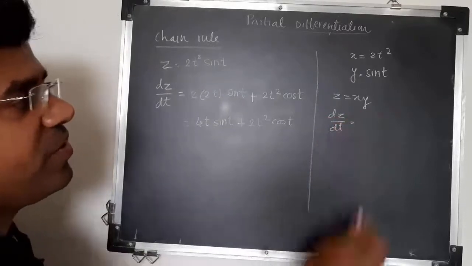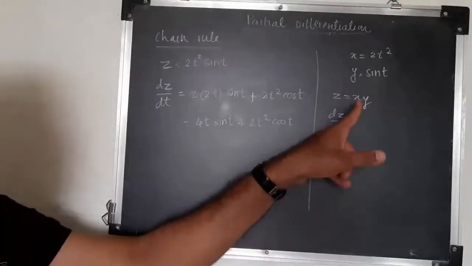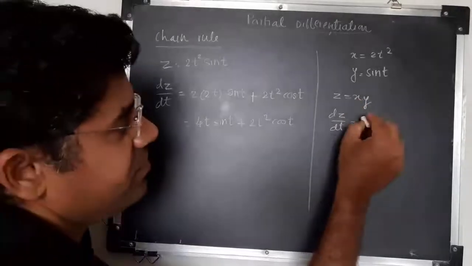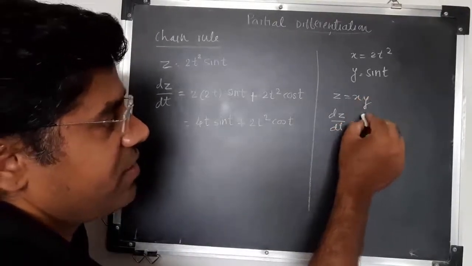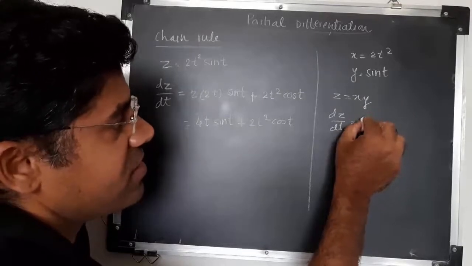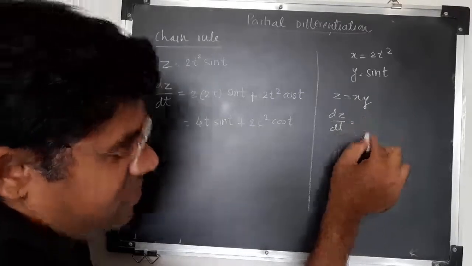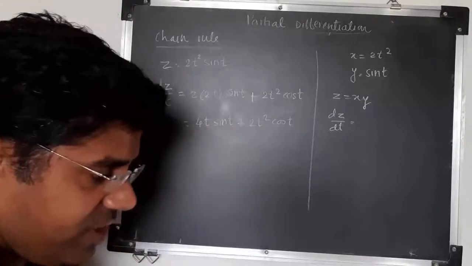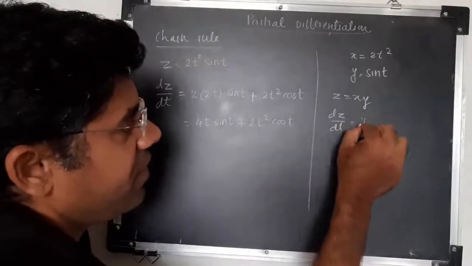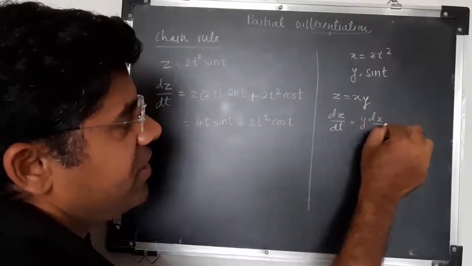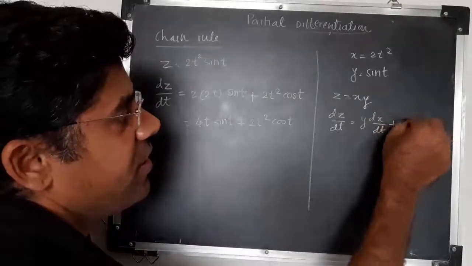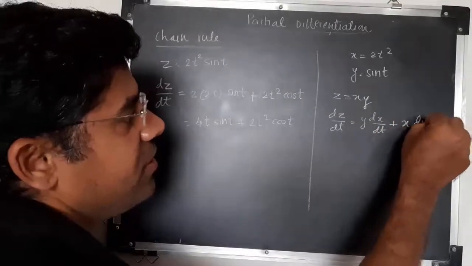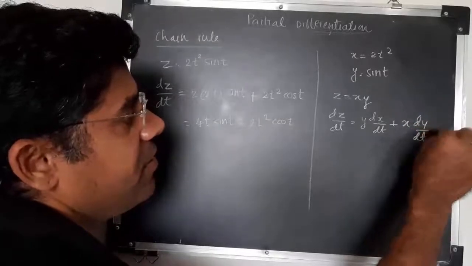So I will take x into y, so this is y times dx by dt, where y I have kept constant, plus x constant times dy by dt.